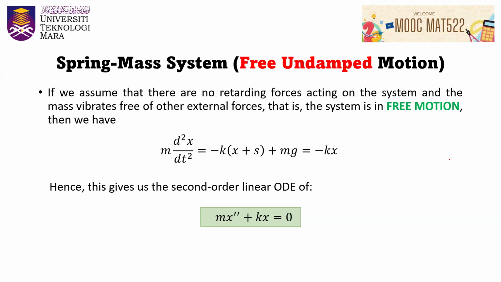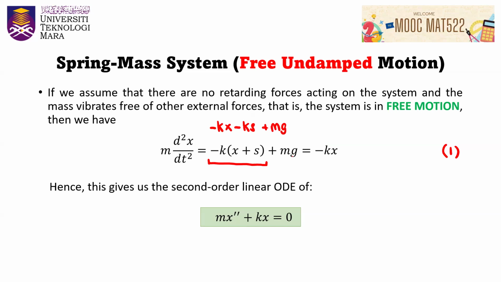This gives us the first equation, such that m d squared x over dt squared equals negative k multiplied by x plus s, plus mg. If we expand this, we obtain negative kx minus ks plus mg.